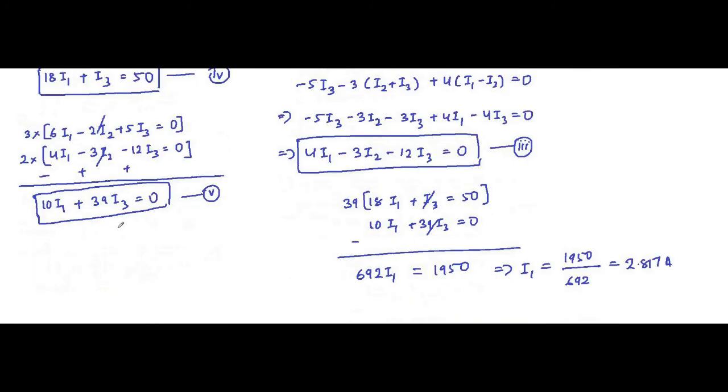I3 is 50 minus 18I1, that will be equal to minus 0.7225 ampere, that is I3.